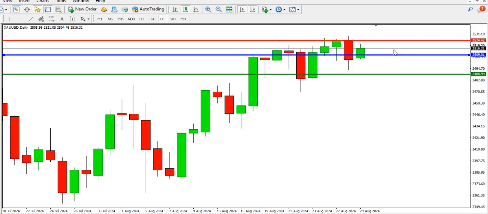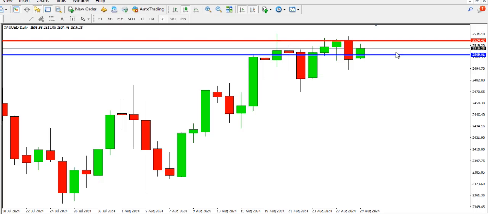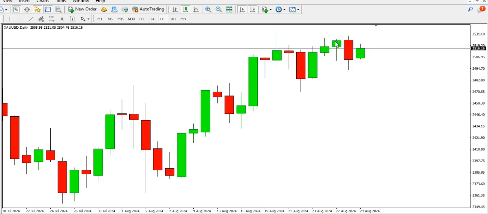Yesterday's candlestick is a bearish candlestick, and it's engulfing the previous day's candlestick. We might see today's candlestick ending up as a bearish candlestick, but if that does not happen, we might see today going above or testing the all-time high level.